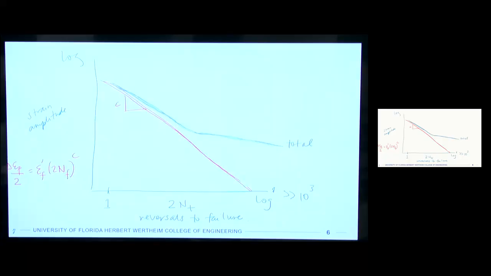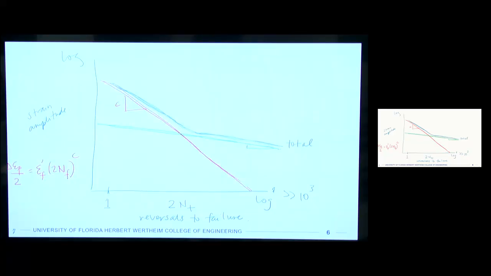So that's our plastic region. But we have another one over here that is the elastic region, because when we go to really high fatigue, or really high numbers of cycles, like past 10 to the third, then we have that line. Okay, helpful, except we don't have an equation for that yet, right?